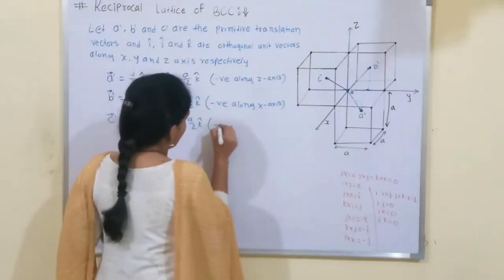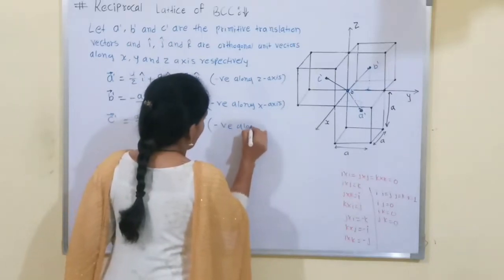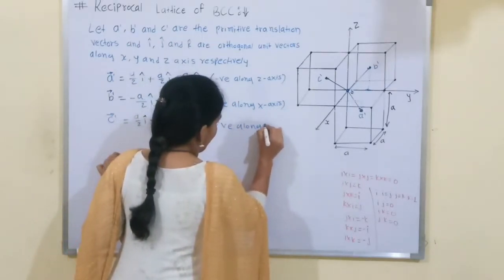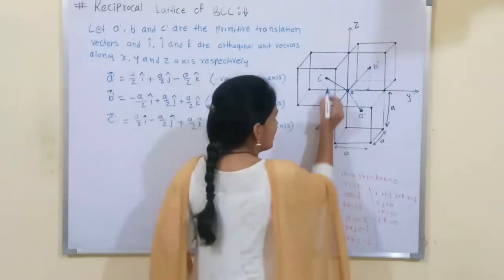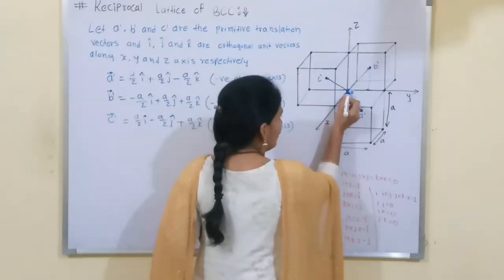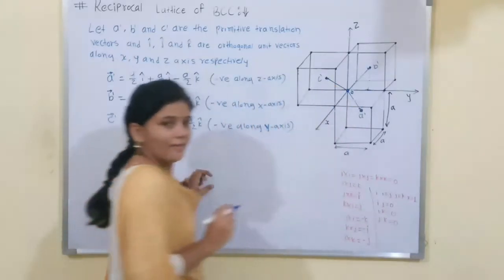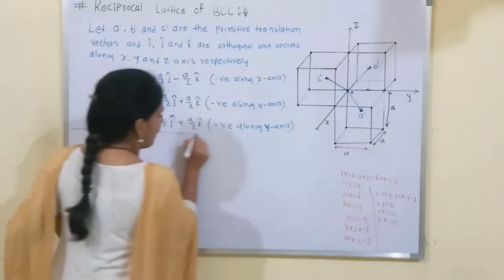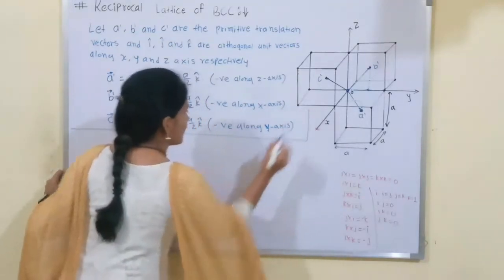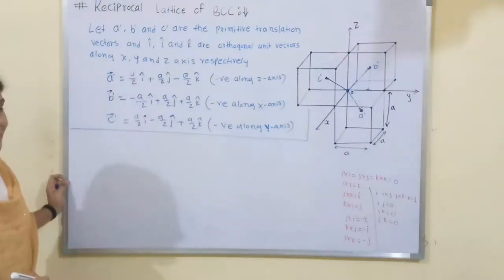This is negative along the y axis, because to reach this point we have to travel negative along the y axis. So this is all about the primitive translation vectors of the BCC direct lattice.